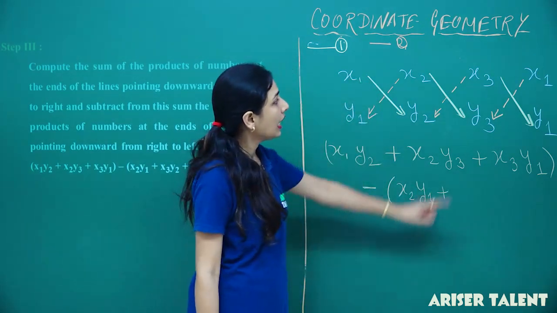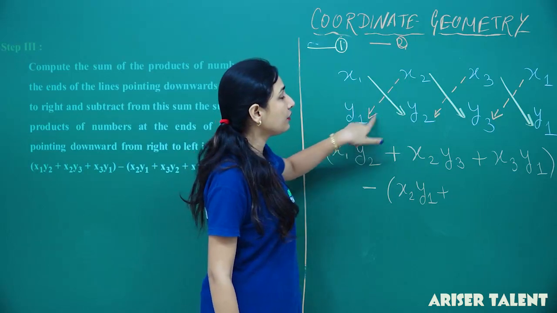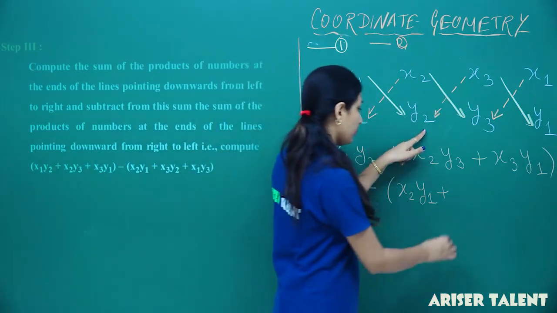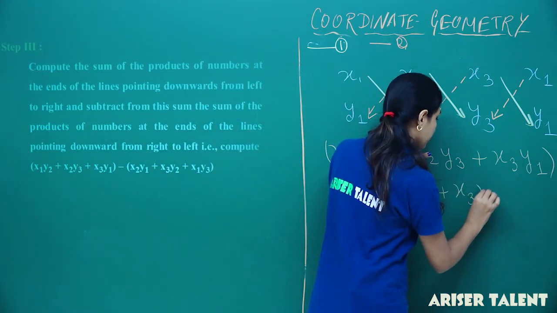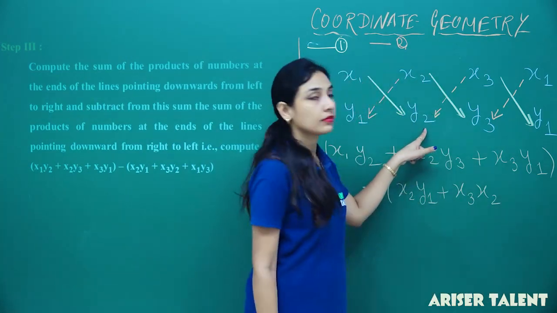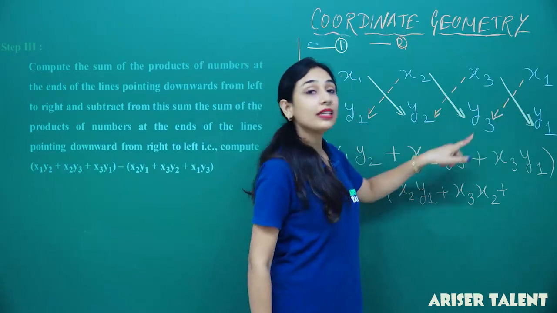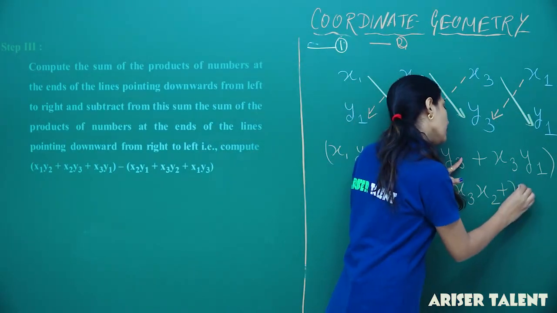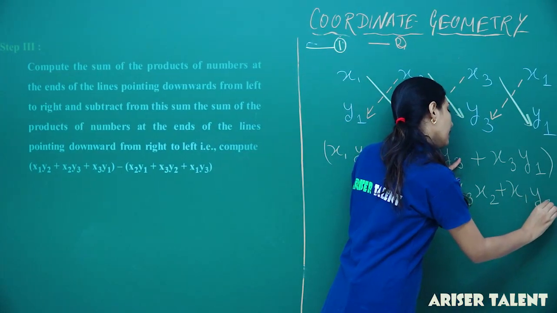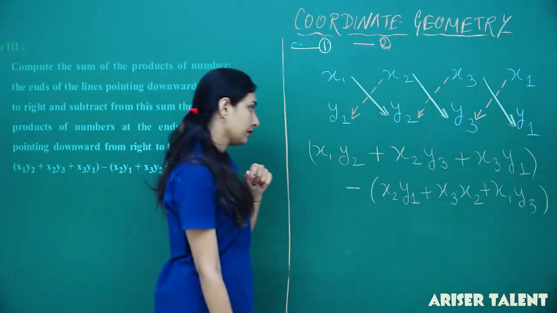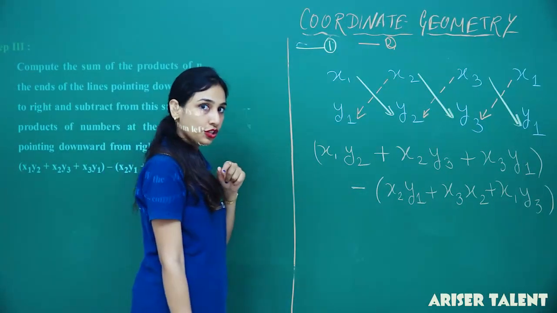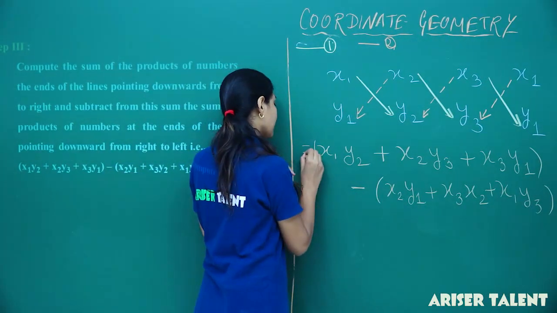Plus, that was done, the first one. The second one, x3, y2. Plus again, then x1 and y3. Okay, x1 and y3. Sure. Okay.